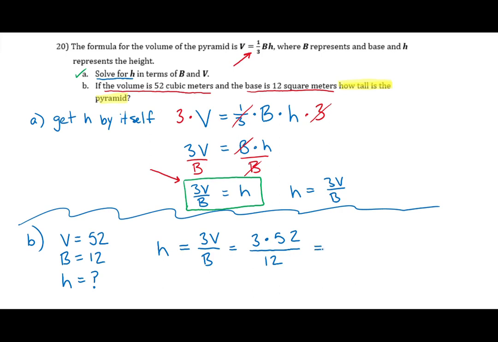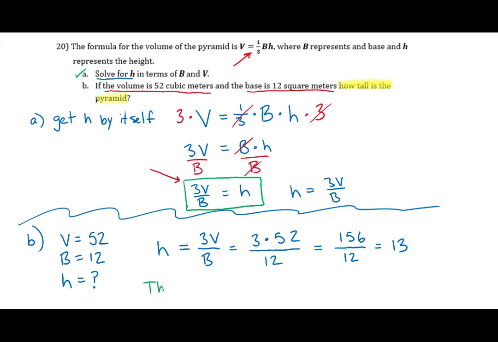So 3 times 52 will give us 156 on top, 12 on the bottom. Fraction means division, so you could pop this into the calculator. 156 divided by 12 will give you 13. So there's our answer for part B, and I'll put it in the form of a statement since it's a word problem.